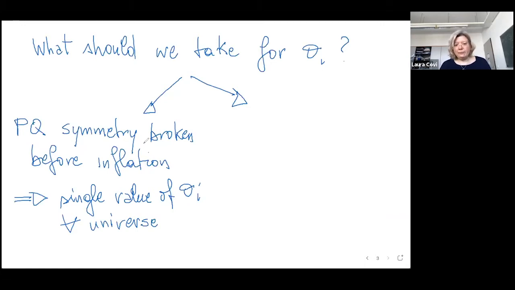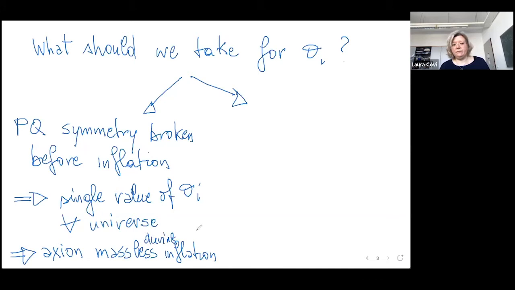Of course, if you have the Peccei-Quinn symmetry broken before inflation, the axion is also massless during inflation. And this we will discuss in a minute. This will give us some constraints on the scale of inflation.